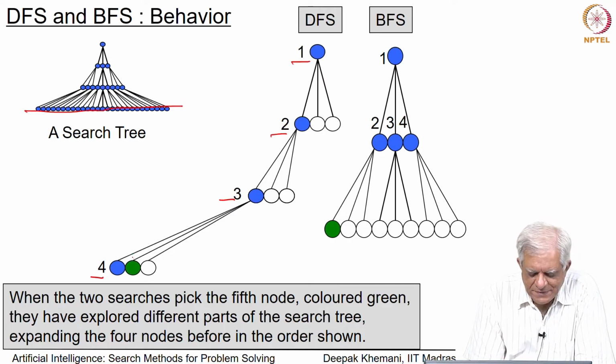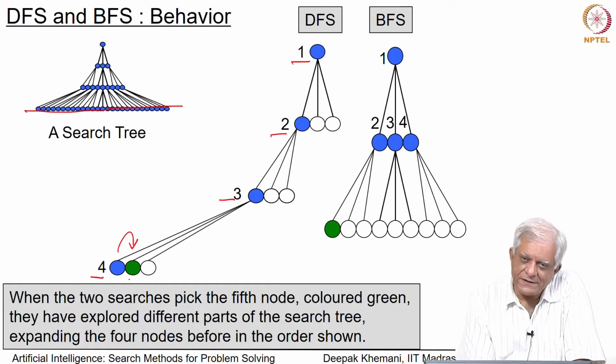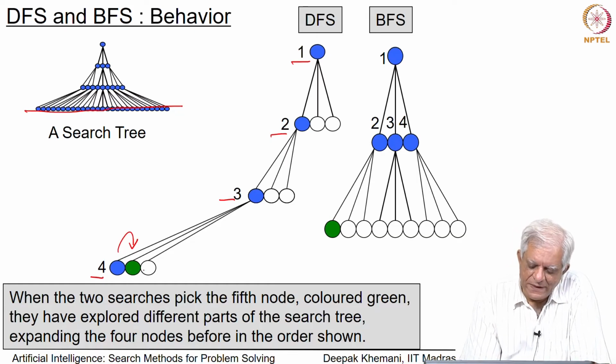So, in some sense it backtracks and goes and looks at this node next. So, the 5th node that it visits is this green node here, and the nodes that you see which are blank or uncolored, these are the nodes which are kept in the open.